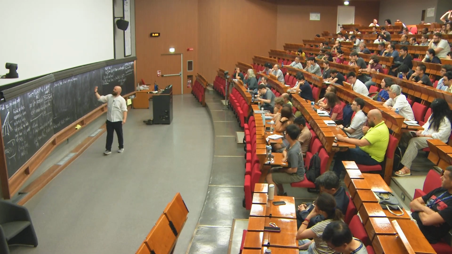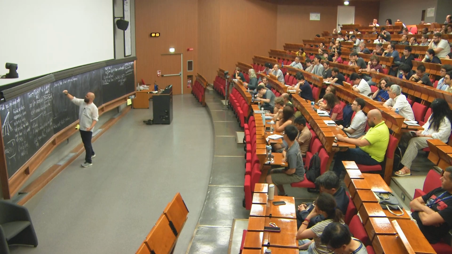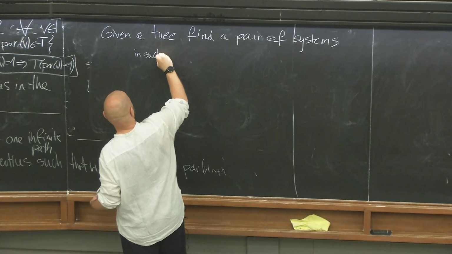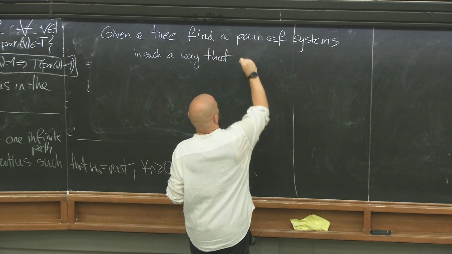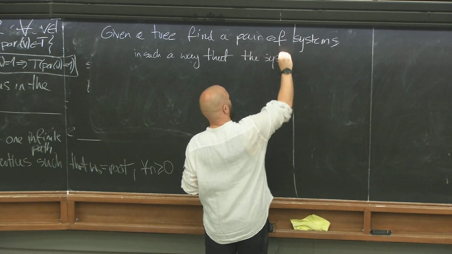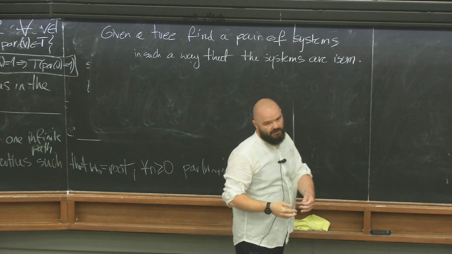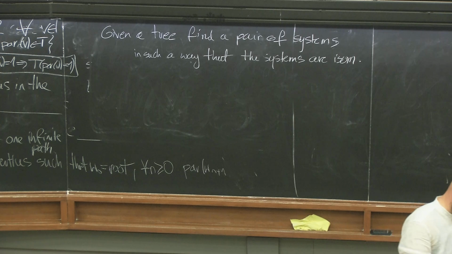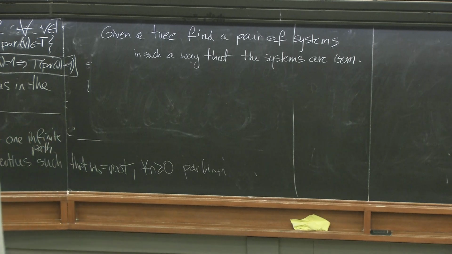So if somebody gives us a tree, we should be able to produce a pair of systems in such a way that the systems are isomorphic in our favorite sense, because in topological dynamics we have many ways in which we can consider systems as being conjugate or isomorphic: C1 conjugate, topologically conjugate, orbit equivalent, Kakutani equivalent.